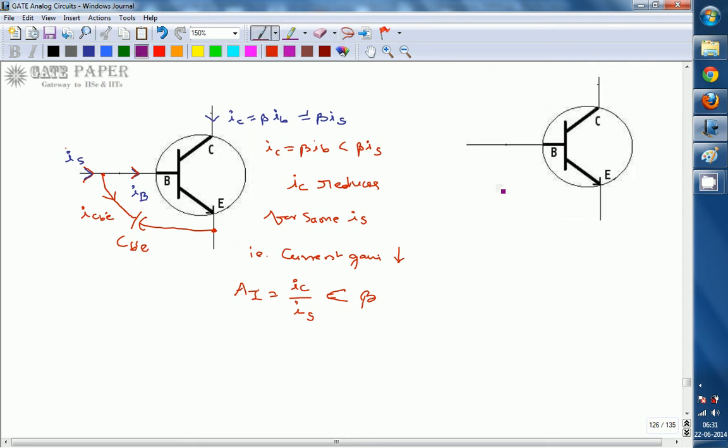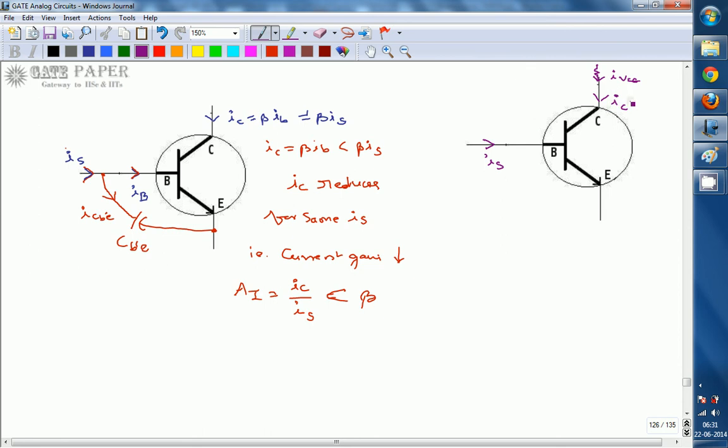Assume the same thing: you are applying some input current IS, and this is the collector current IC, and this is VCC, applied through a resistor. So this is the actual current coming from VCC. The current drawn from VCC, I VCC, is nothing but IC.